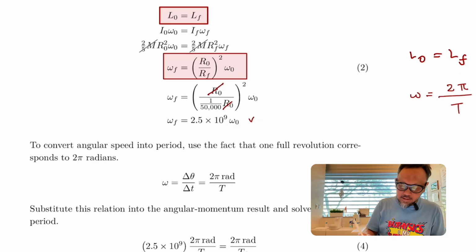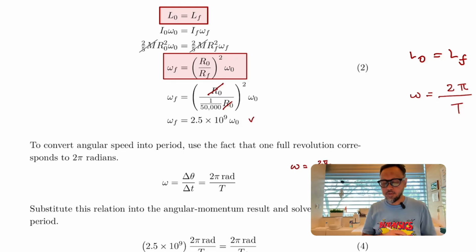And then next, we need to use this formula, omega is equal to 2 pi divided by the period. This is just the angular speed.